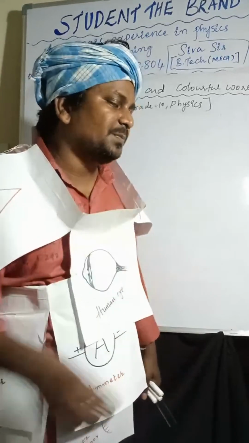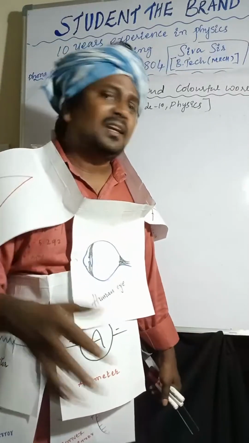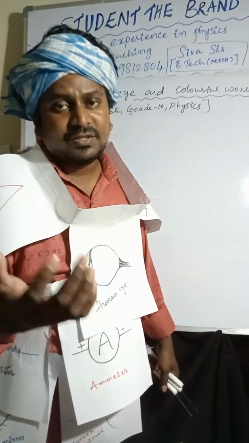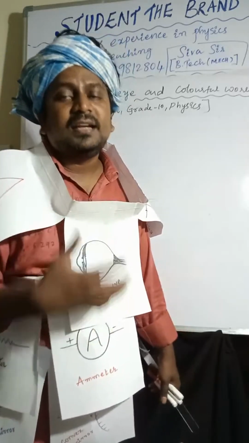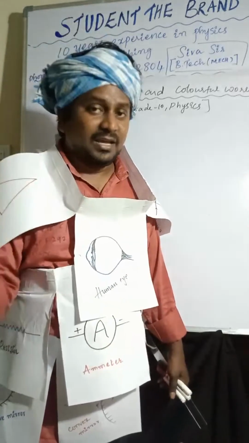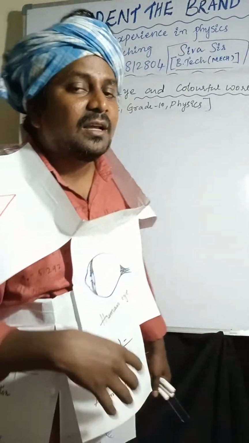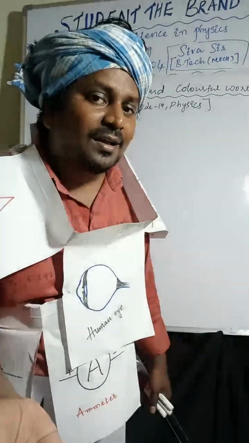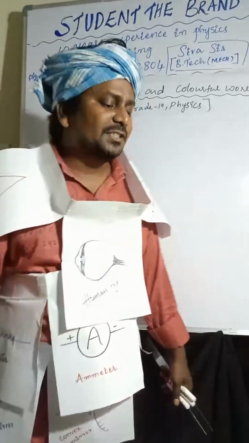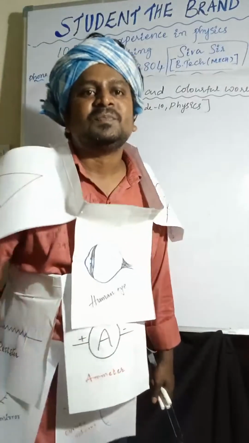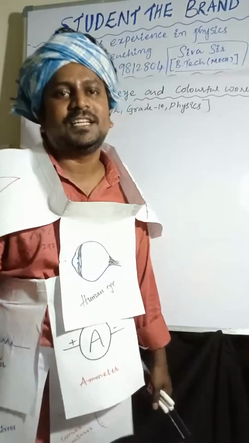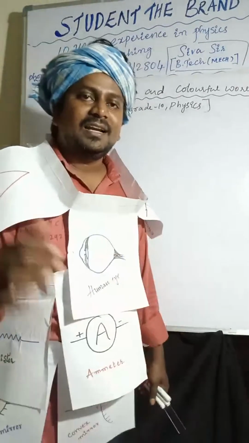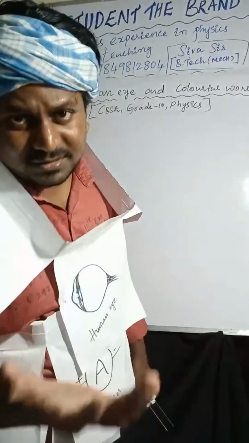Splitting a white light into seven colors is known as dispersion.